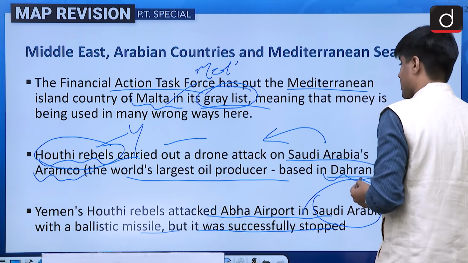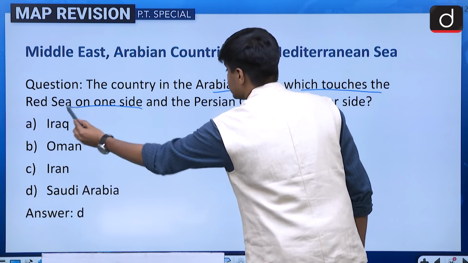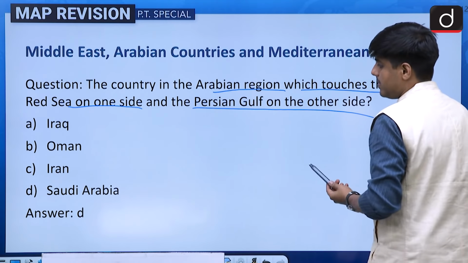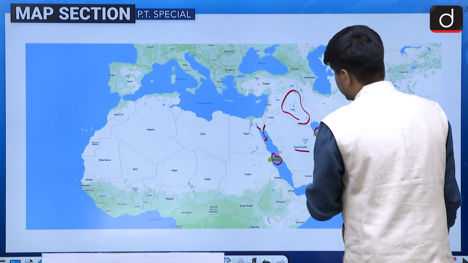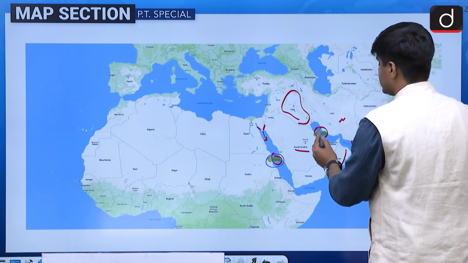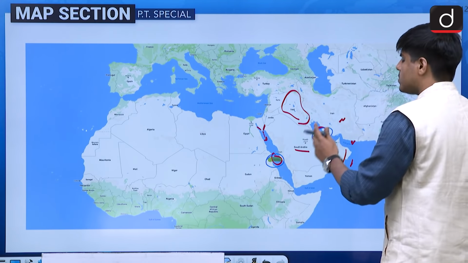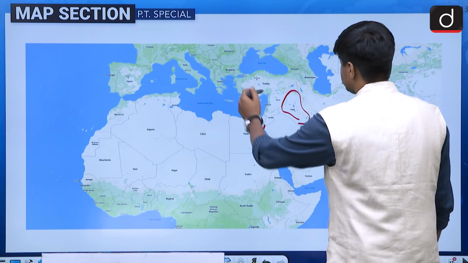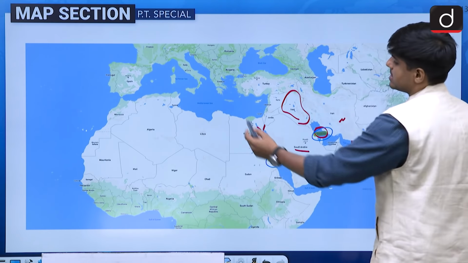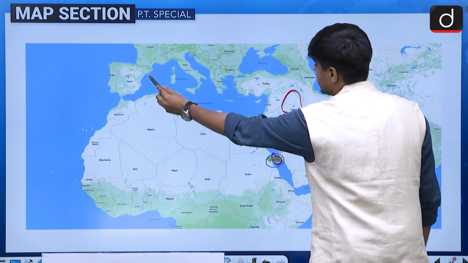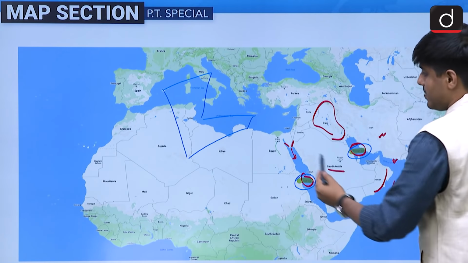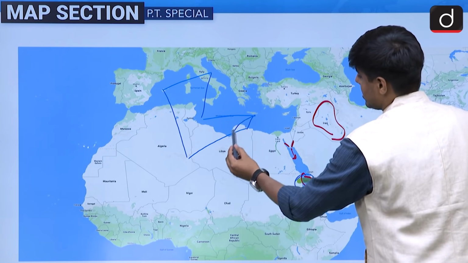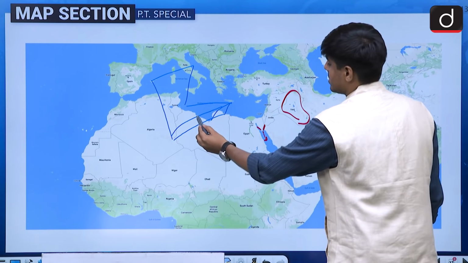Now, the question: the country in the Arabian region which touches the Red Sea on one side and the Persian Gulf on the other side. Let us have a look at the map. Which is that country? We have the Red Sea here, and the Persian Gulf here. You can also remember the map of the Middle East in this way: there is a reclining chair, and this reclining chair has several countries.